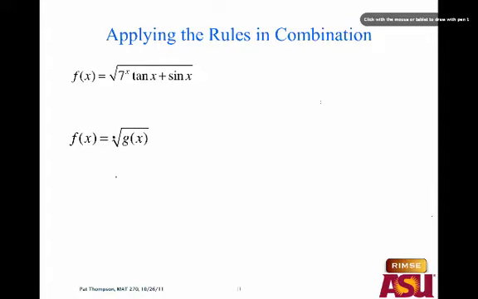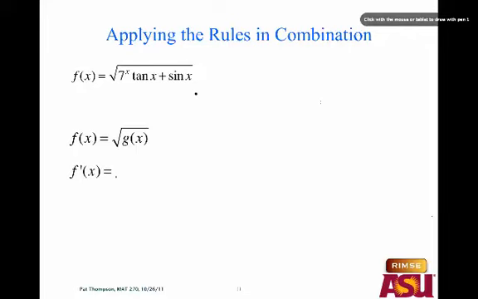What we have here is the chain rule, because x is first going to be executed by the function g, then the output of g will go into the square root. So we really have the chain rule. It's the square root of g of x is the general structure of this.